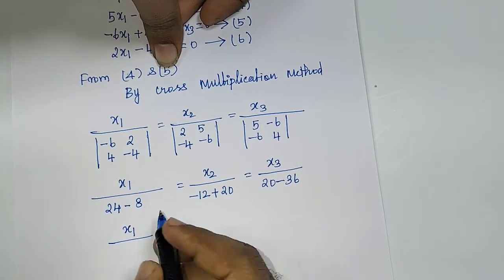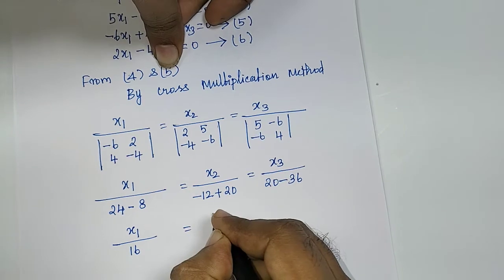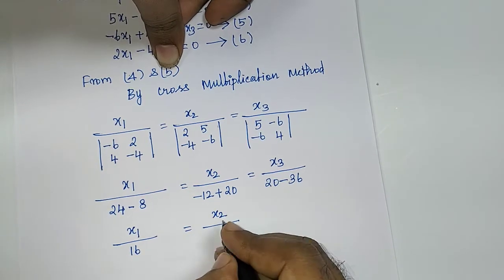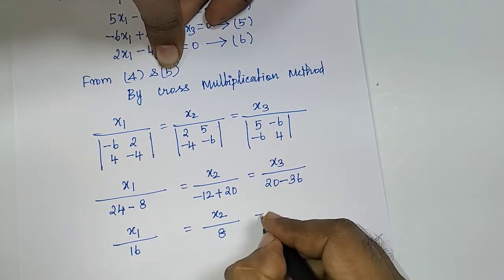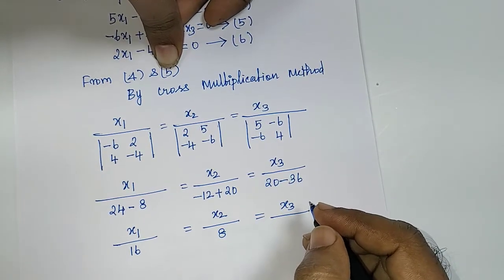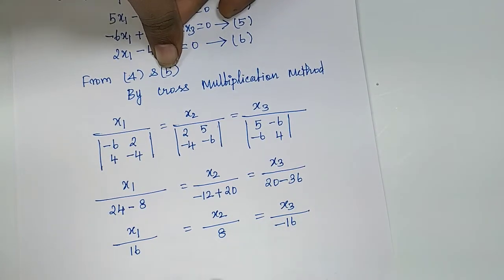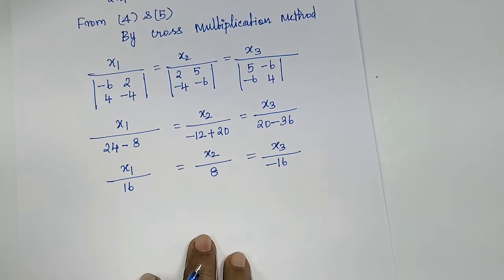We will get x1 divided by 24 minus 8, 16, and x2 divided by minus 12 plus 20, 8, and x3 divided by 20 minus 36, you will get minus 16. Now commonly you can divide it by 8.